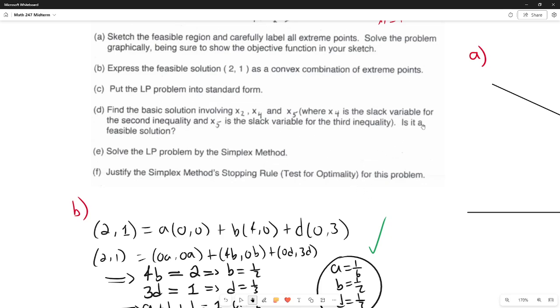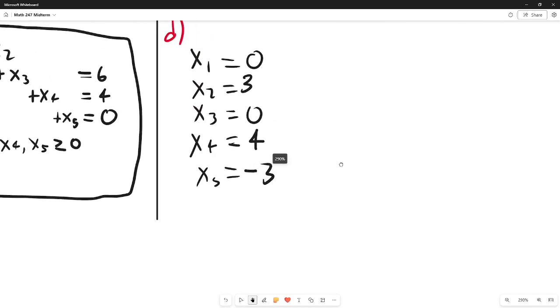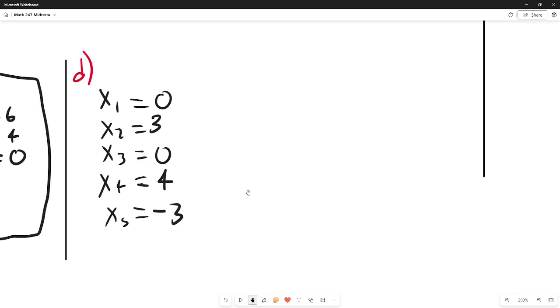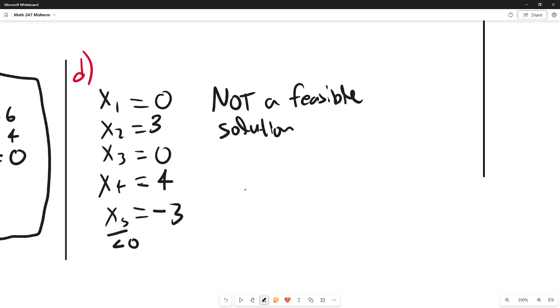And we need to say, is it a feasible solution? Well, if you remember, with a feasible solution all of the variables need to be non-negative. Are all these values non-negative? No, x5 is less than 0. So this is not a feasible solution, as all variables are not greater than or equal to 0.